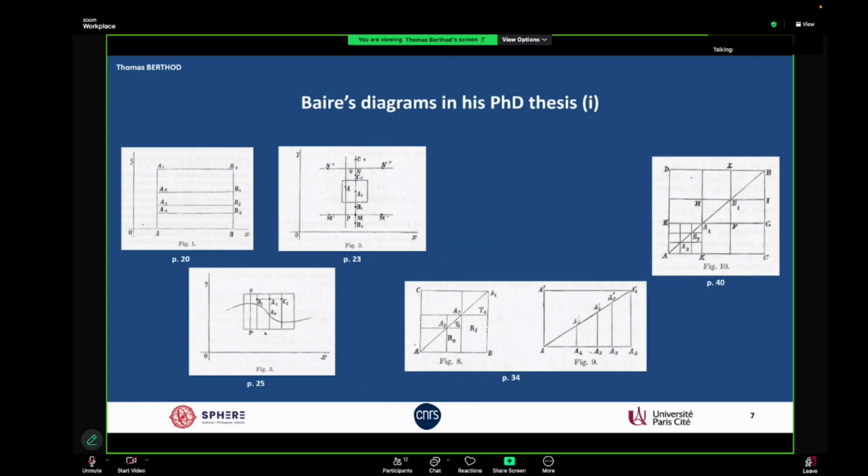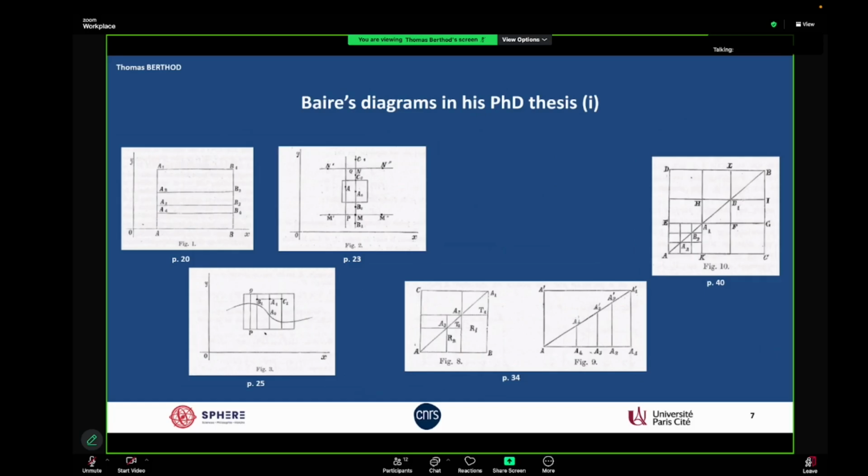And just some remarks about these diagrams. In each of them you have a Cartesian coordinate system with two axes, here the x-axis and the y-axis. Even if some of them don't explicitly contain this Cartesian coordinate system, implicitly you have it.